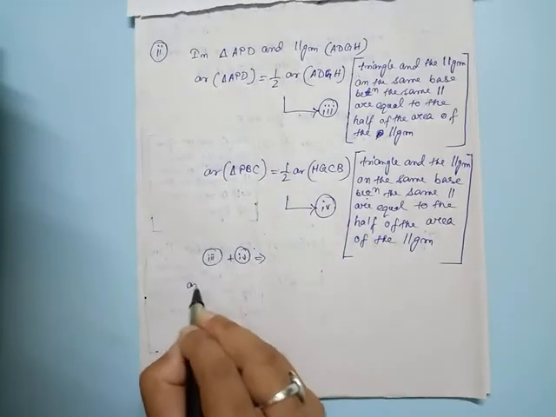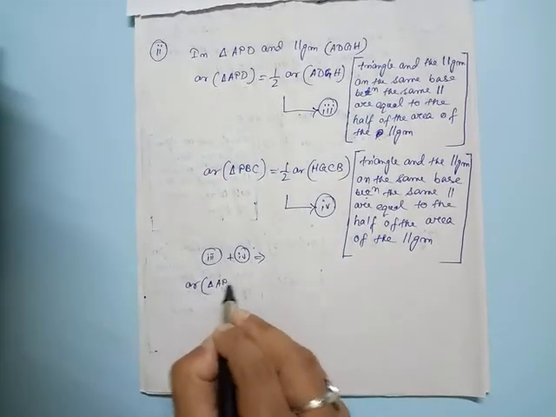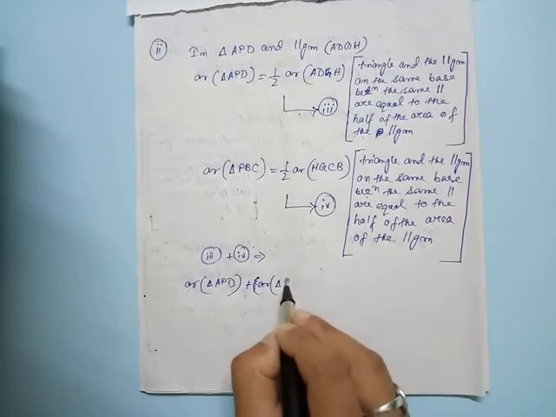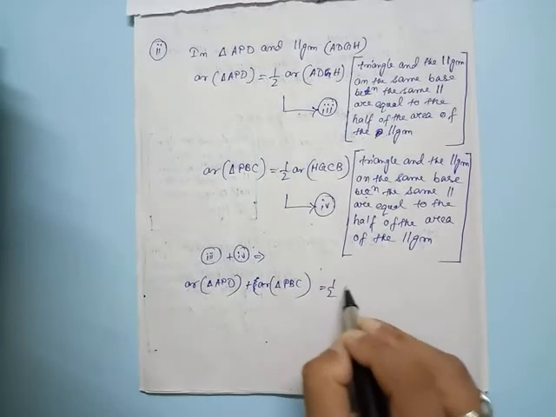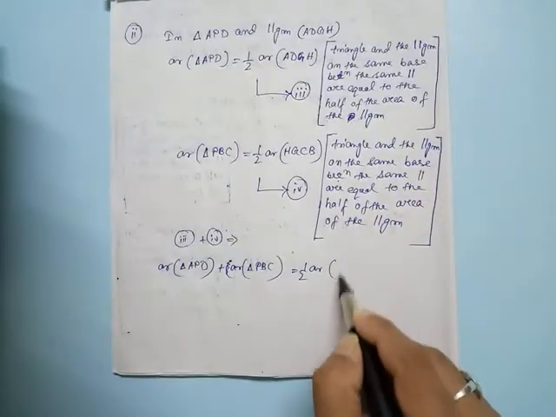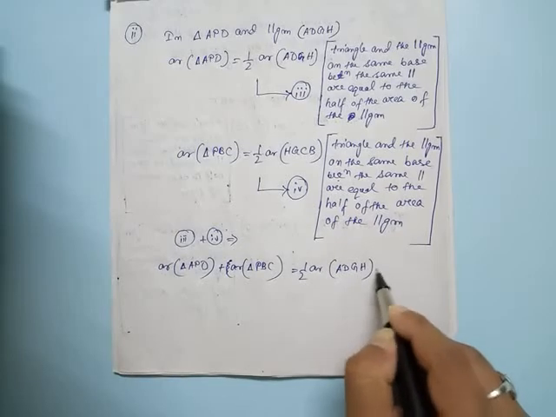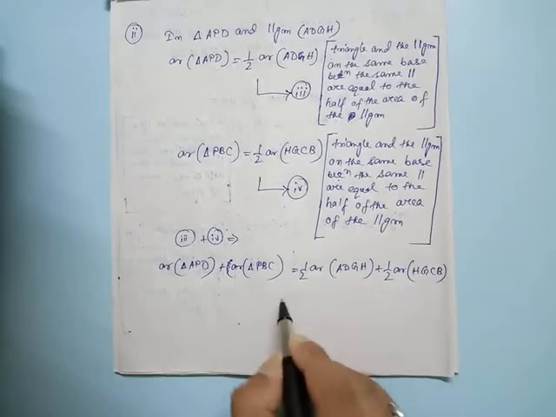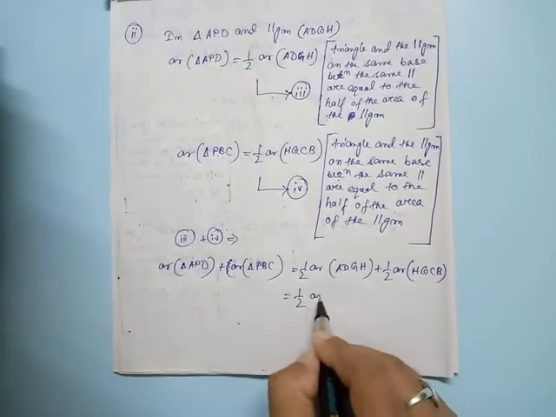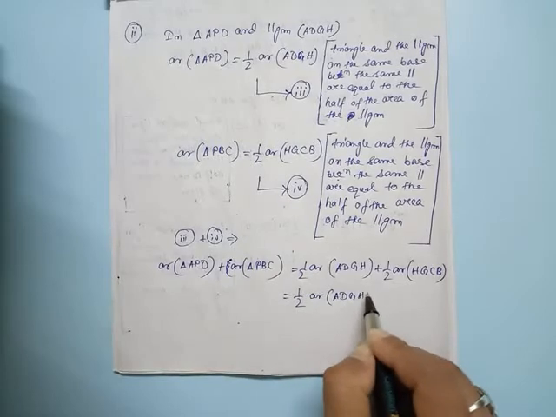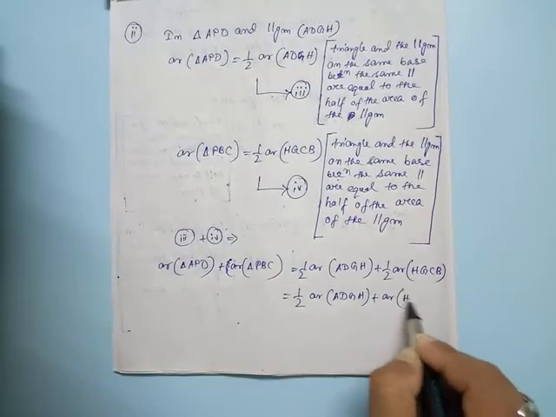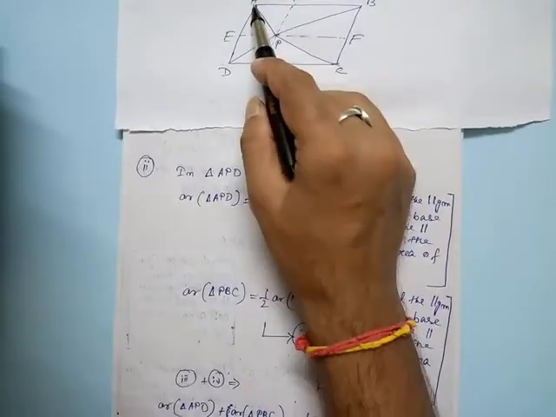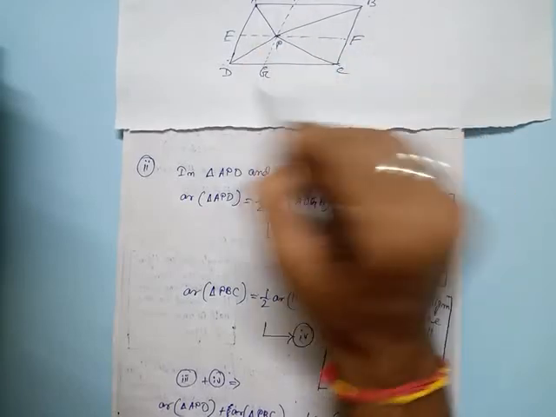So here area triangle APD plus area triangle PBC, here half area ADGH plus half area HGCB. Now here if you take half common, so area ADGH plus area HGCB. Now if we add these two, look here, ADGH and HGCB, so we'll get ABCD.